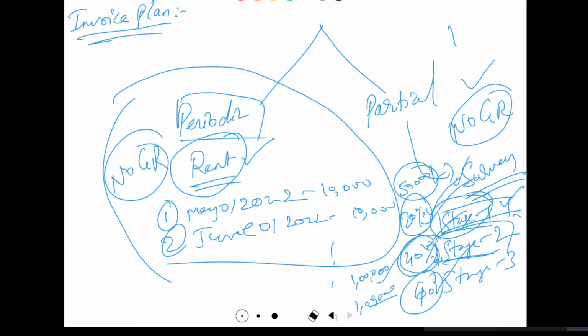So the partial amount invoices are generated automatically. This is the partial invoice plan. Clear? So periodic and partial: these two are used majorly for services, when continuous payments happen periodically.